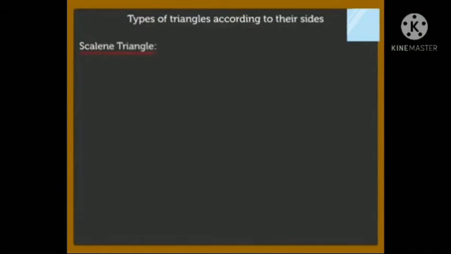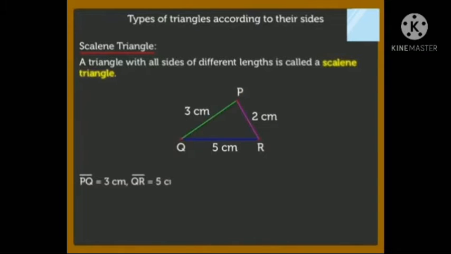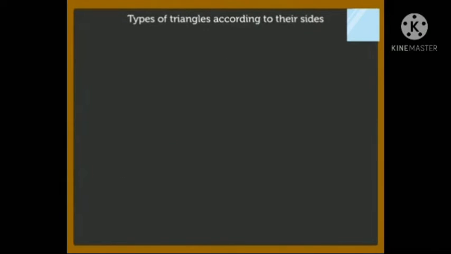Now third one is scalene triangle. A triangle with all sides of different lengths is called a scalene triangle. You can see in the figure PQ, QR and PR are all different lengths. So we can say that PQR is a scalene triangle.